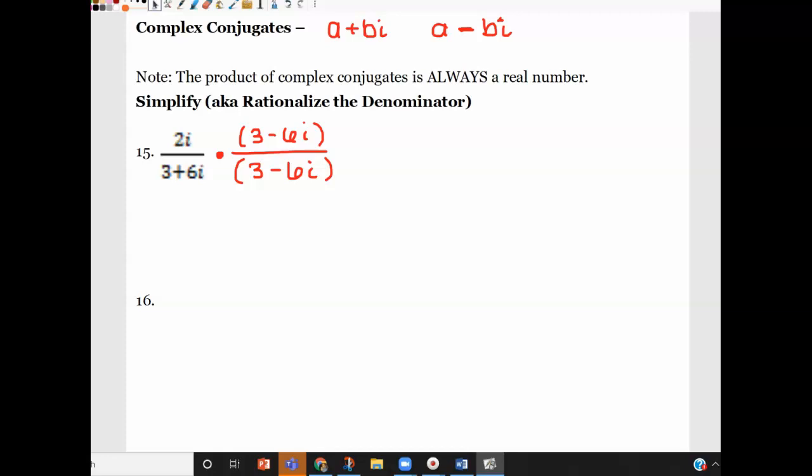So in the mathematics world, you cannot have an i in your denominator. The complex conjugate is like a factored difference of squares so that the middle terms always cancel each other out.